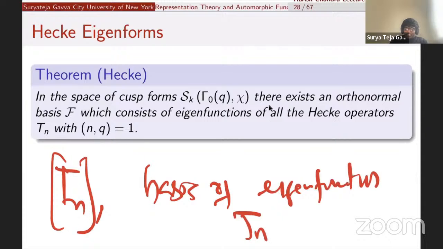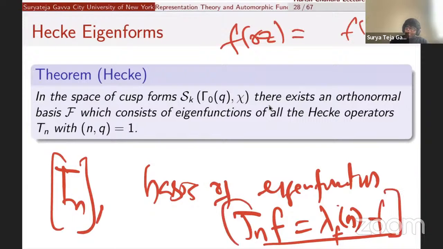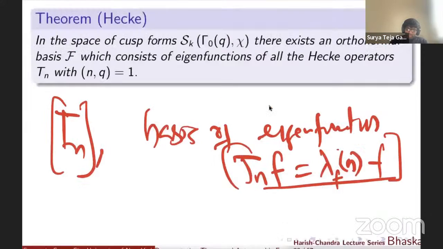They simultaneously satisfy T_n f equals lambda of n times f. So not only do they have these automorphic relations, you get these extra relations that they are eigenfunctions.